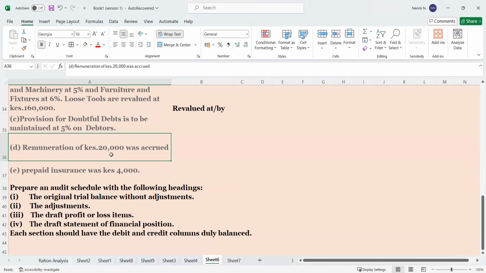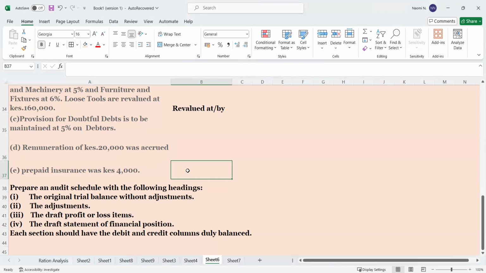Then we come to prepayment. We gave an example of rent, and we said that most of the time, of course, rent or health insurance, we prepay. But when we are calculating the income statement, we will focus on the expenses for the year.